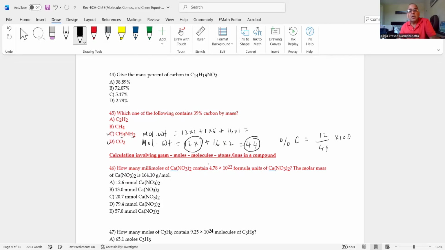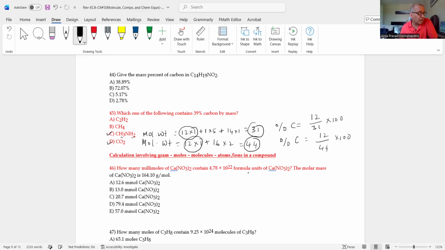So it will be 12 plus 5 plus 14. If you add 12 plus 5 plus 14, it is 31. So out of this 31, how much came from carbon? 12. The percentage of carbon is 12 over 31 into 100.